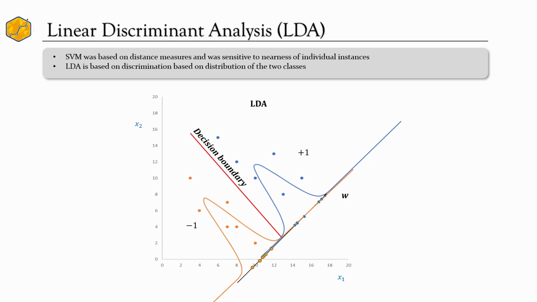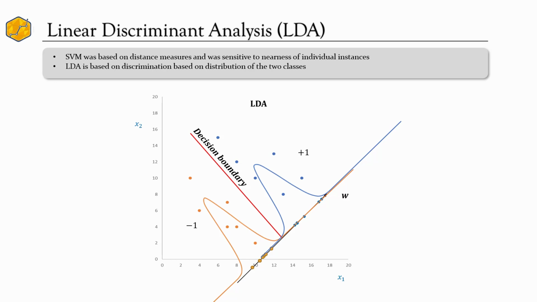Once we derive the optimal direction W, we can get the decision boundary. The decision boundary has to be perpendicular to W, because if you remember the equation of the decision boundary, W transpose x plus b equals 0, so W is the normal vector to the decision boundary, which is always perpendicular.